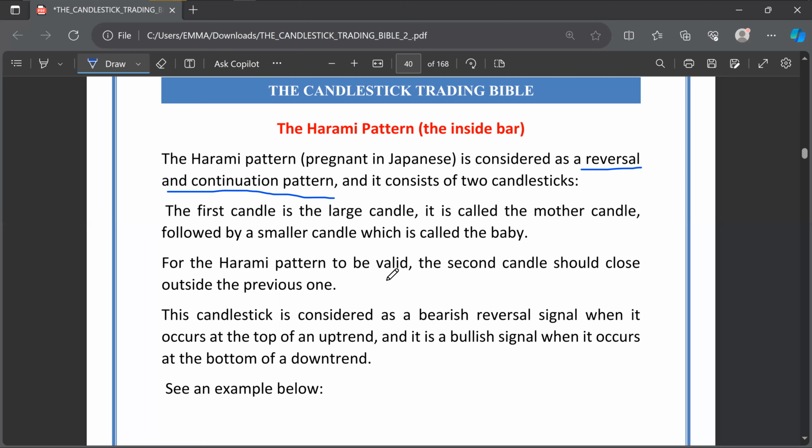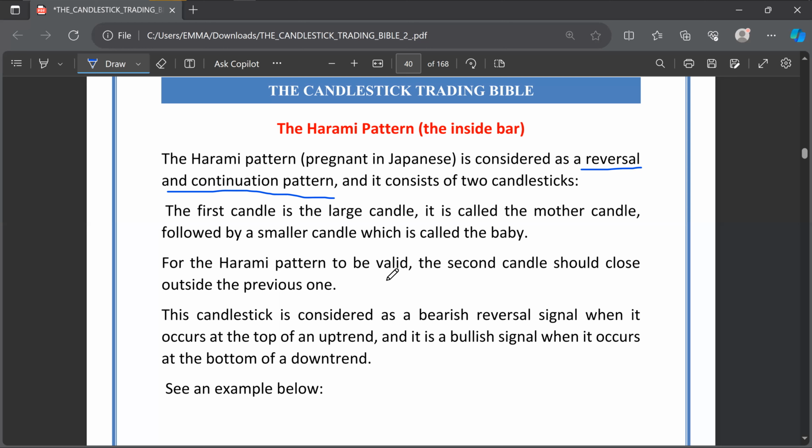So the candlestick is considered a bearish signal when it occurs at the top of an uptrend. If it occurs at the top, the trend is going to reverse, going downwards. In the other sense, it's a bullish signal when it occurs at the bottom of a downtrend.